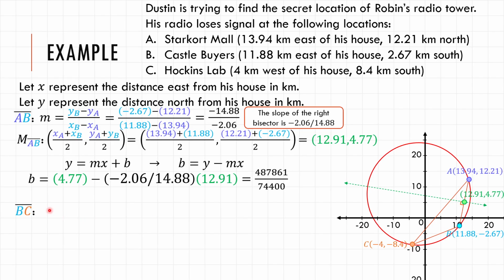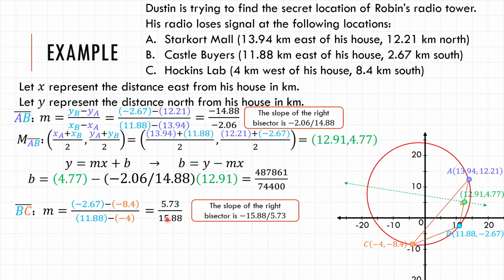So for BC, again, I'm just going to follow these exact steps to find the equation of the right bisector. So that is the slope, rise over run. The right bisector slope is going to be the negative reciprocal of the slope of BC that I calculated. And I'm just going to use this exact same pattern again.